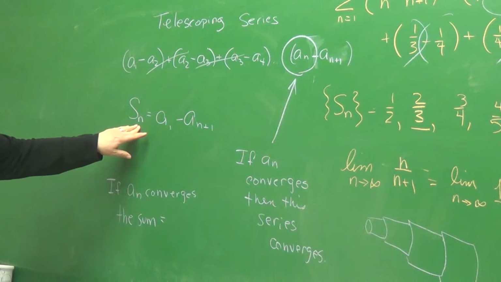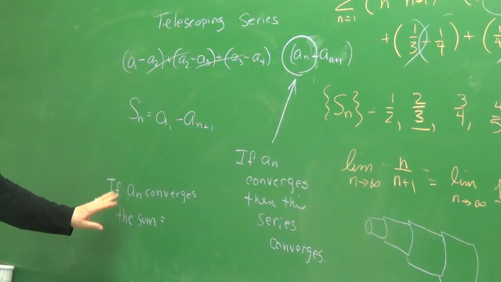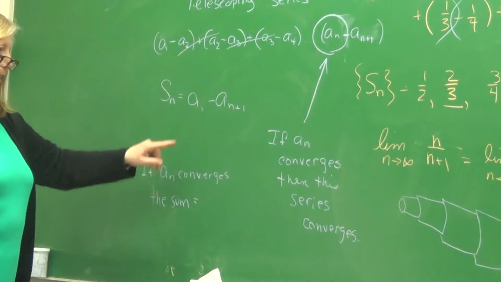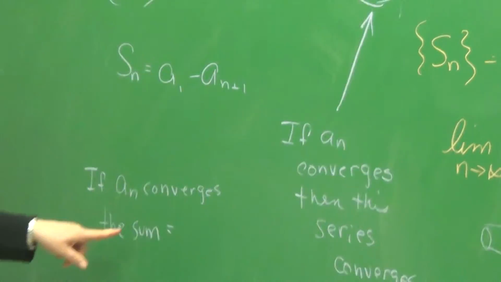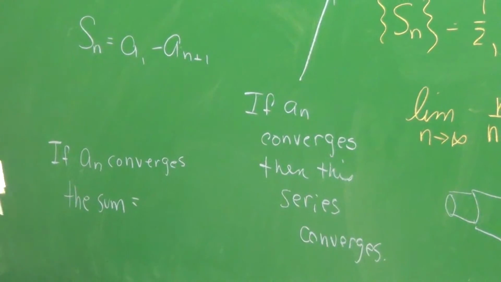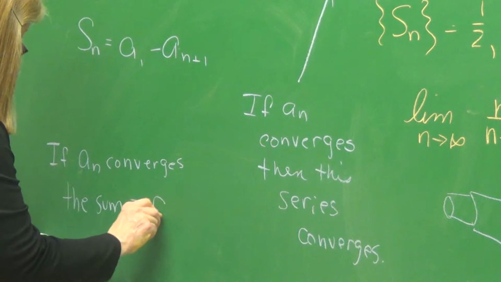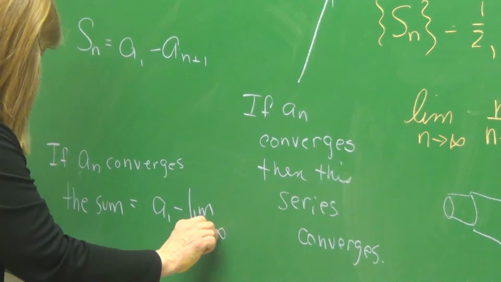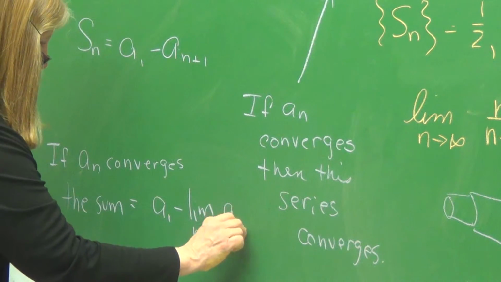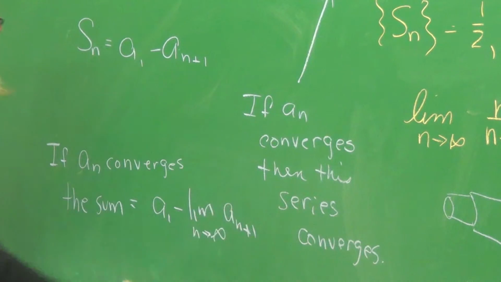We cut it off at the nth partial sum. But if we're going on infinitely and this converges, then we can find that a sub n converges, and the sum is a sub 1 minus the limit as n approaches infinity of the last term. So that's just a bunch of theory. Okay. All right, let me just give you your assignment.